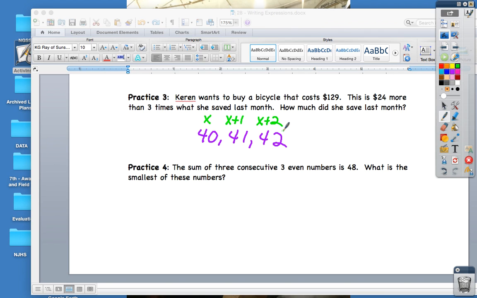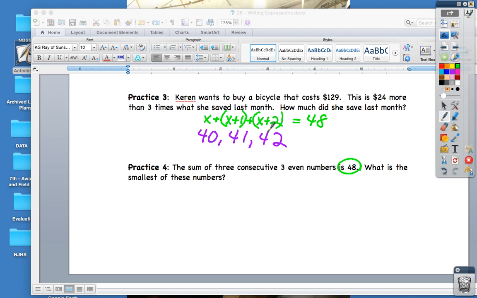And it's said all together, they equal 48. Okay, so the first number plus the second number plus the third number equals 48. That 40, 41, and 42 just shows you how I got those. Okay?